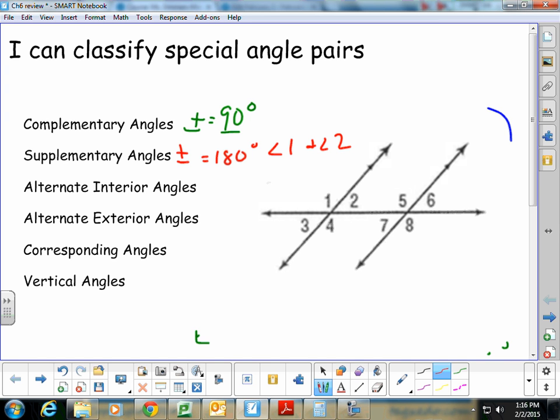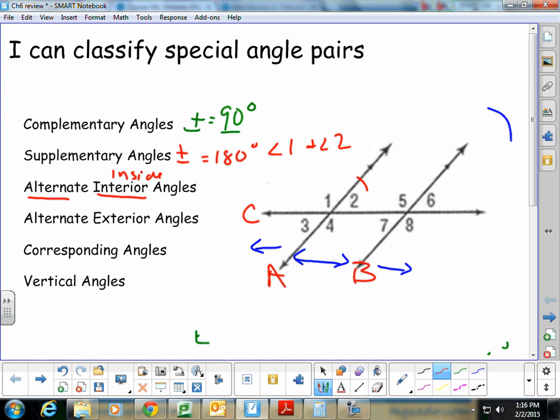Alternate interior angles, alternate meaning opposite sides of the transversal. In this case, our transversal is line C. So they're going to be on opposite sides, and they're going to be on the inside, so opposite inside of our parallel lines. You look for alternate interior.